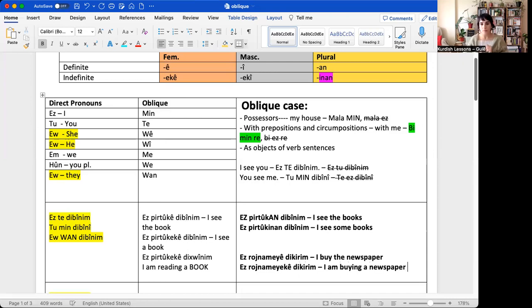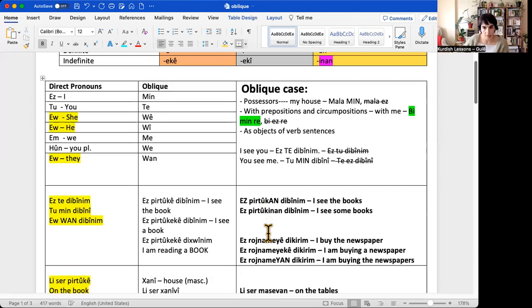And if it is plural, as روزنامه ذكرم, I am buying the newspapers, okay? It's really important.